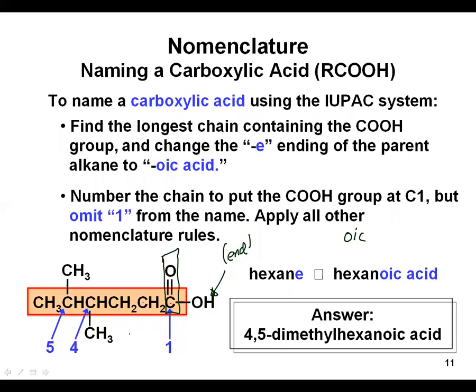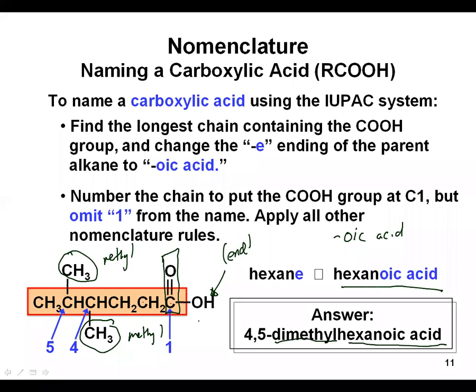So hexane becomes hexanoic acid for the longest carbon chain that's there. Then if we look, we have 2 groups that are attached. We have a methyl group there. We also have a methyl group over here. So just like we've done before, that is where we get our dimethyl part. Again, hexanoic acid for the 6 carbons that has a carboxylic acid group.